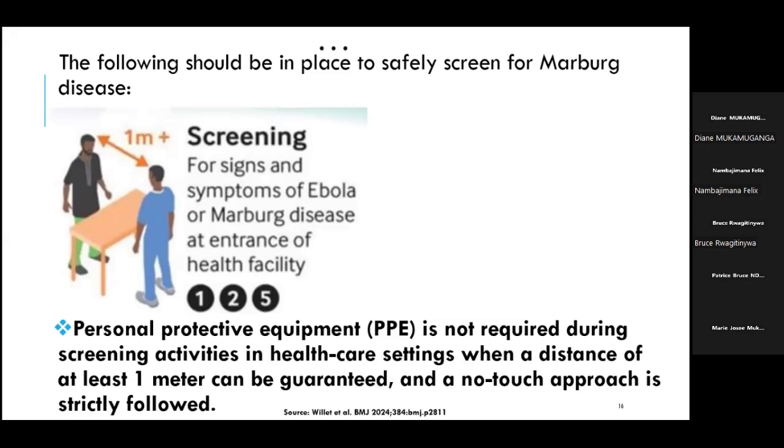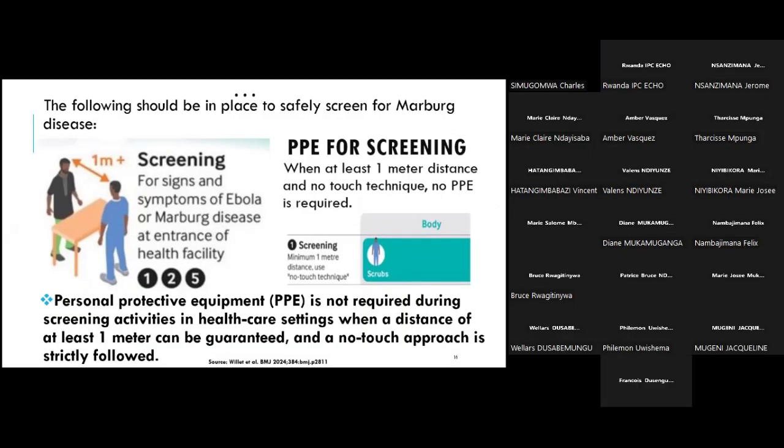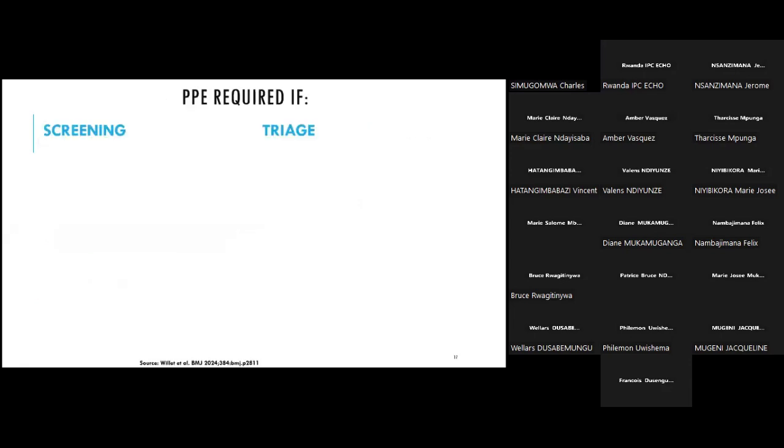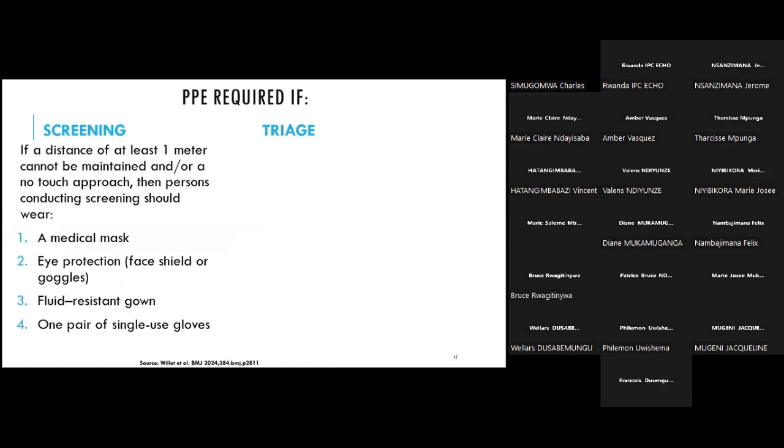Once this distance can be maintained, the personnel who is doing the screening can just put on the scrub. No other PPE is required, but they must have hand hygiene facility like hand rub or hand wash. So in case of triage, this is what is required in case of screening.